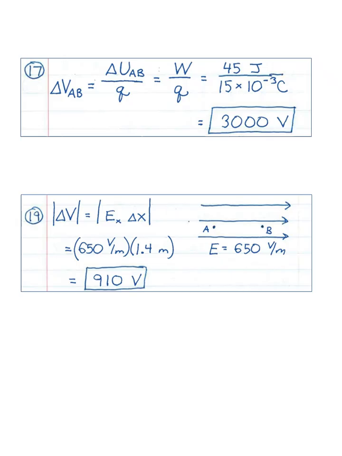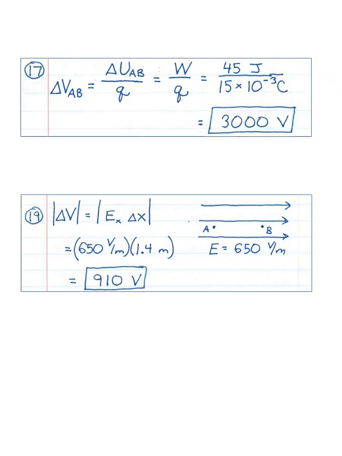Number 19, find the magnitude of the potential difference between 2 points located 1.4 meters apart in a uniform 650 Newton per coulomb electric field if a line between the points is parallel to the field. And so I've drawn a simple picture there between A and B. And we're going to just look at the magnitudes between these.